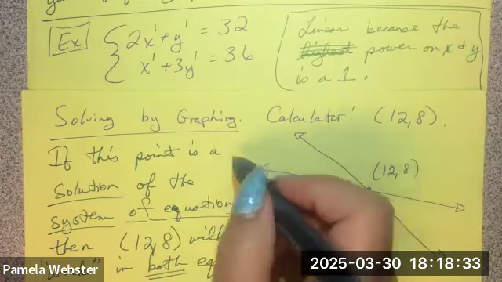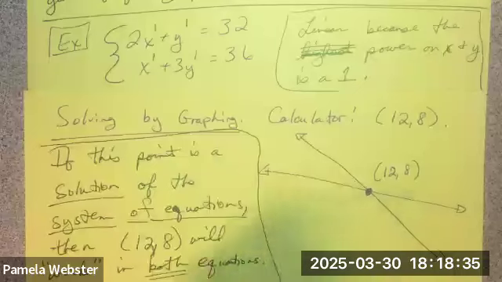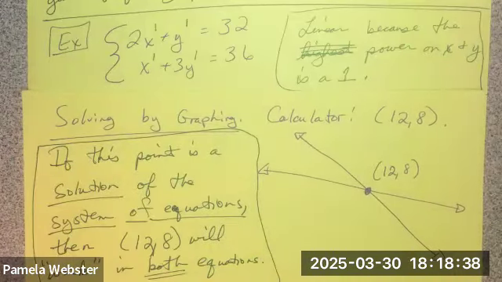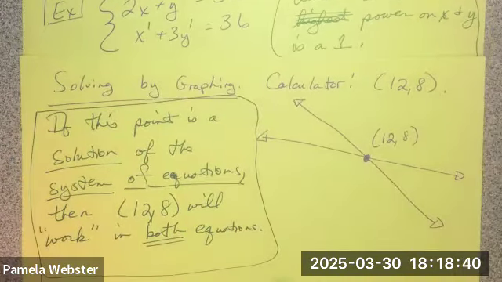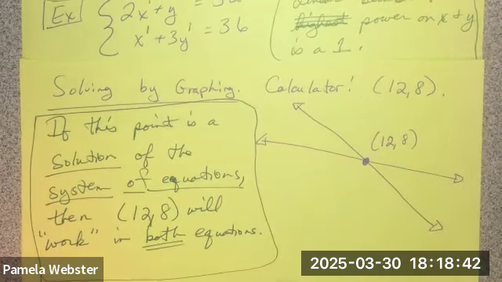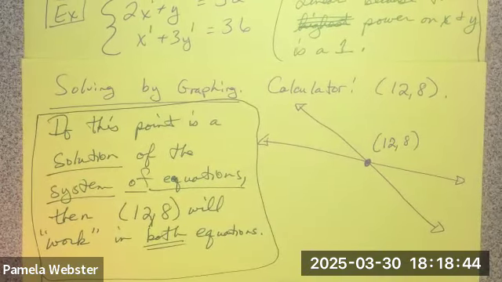Most of the time, we're going to deal with 2 equations. If we were being more advanced, we might have more than 2, but I'm saying in both because there's only 2 here. So it would work in both equations.